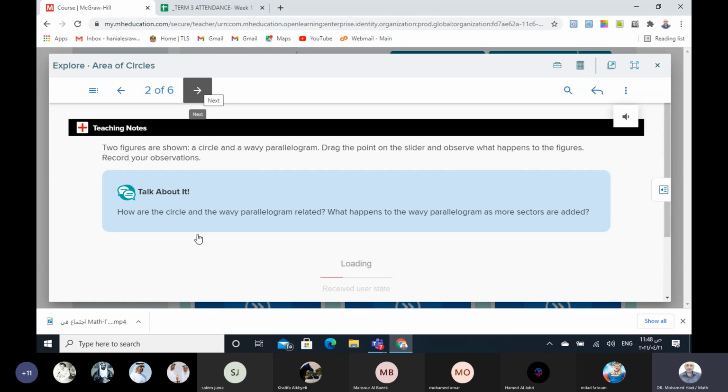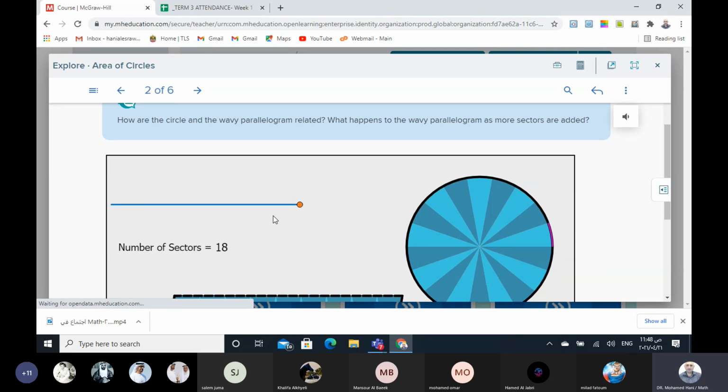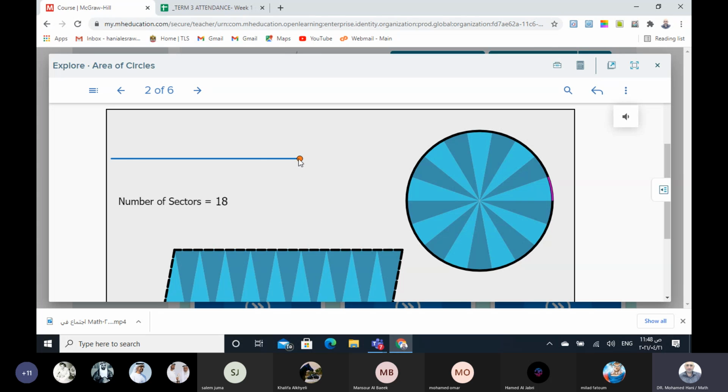The figures show a circle and a wavy parallelogram. Drag the point on the slider and observe what happens to the figures. Record your observation. Here, as you see, we have a circle.